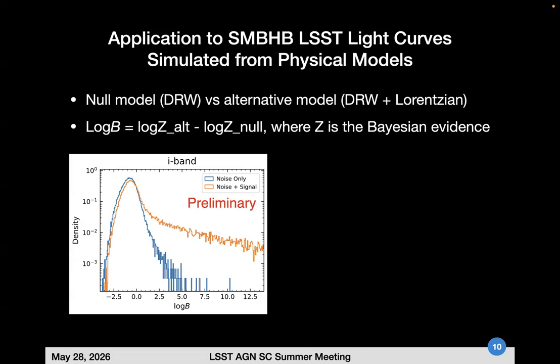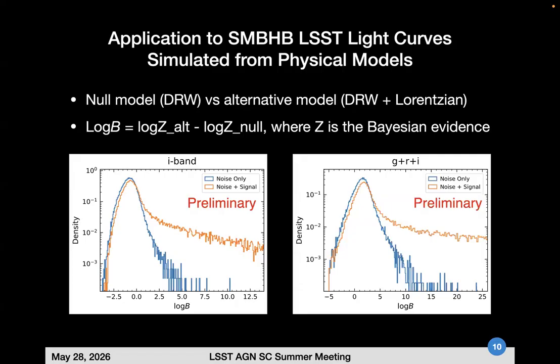This is on single band, I band only, and the same for the g, r, i bands, which is where I think the power of ExoTEX comes in, because it combines data from all different bands, right? This demonstrates that we can do multi-band searches for periodicity in AGN light curves.